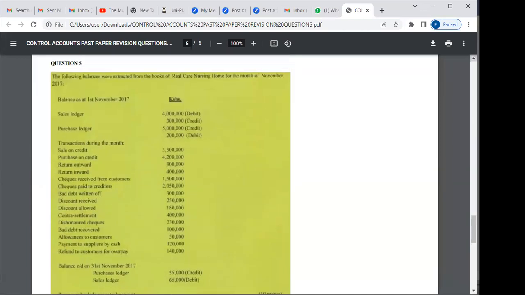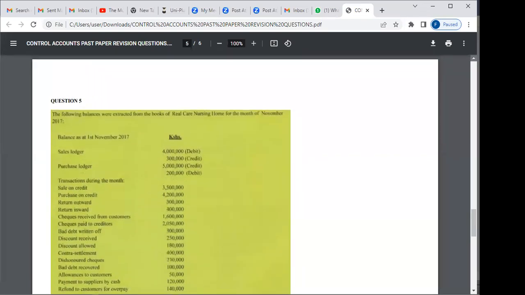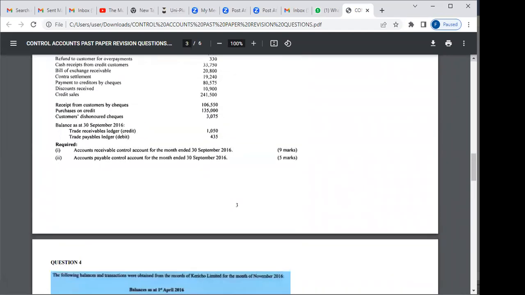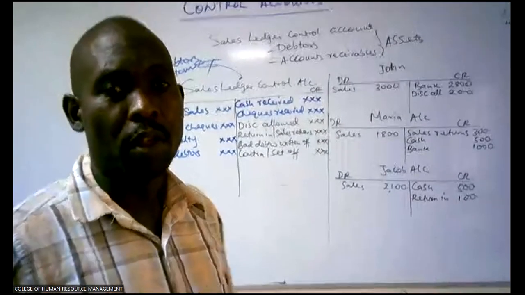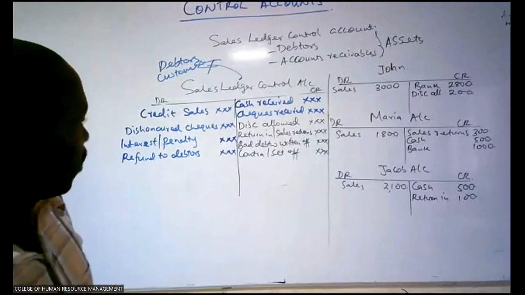There is one here, but it is a combination of the other one. Okay, let me go through the other control accounts so that we can do them together. Those questions are testing both.